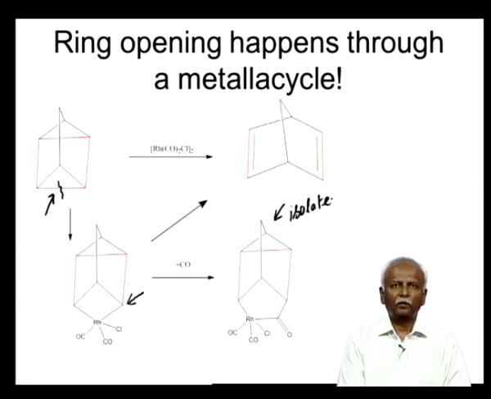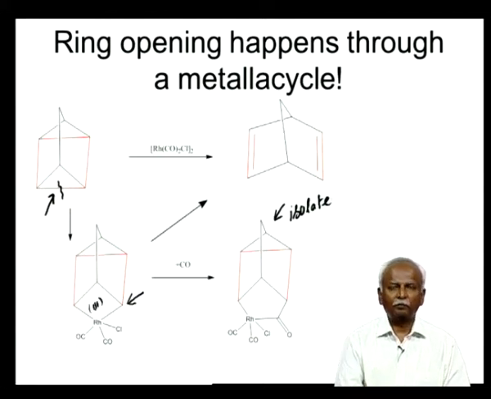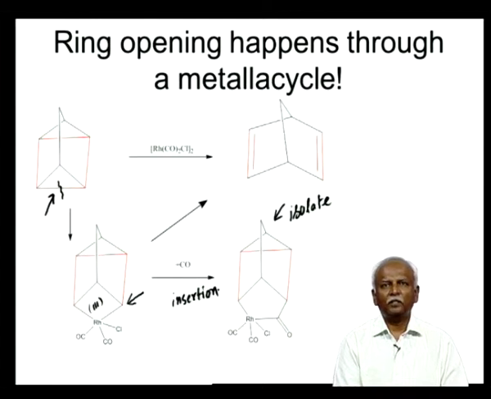So, first rhodium undergoes an insertion reaction and becomes a rhodium(III) intermediate. This rhodium(III) oxidative addition product now undergoes an insertion step. So, subsequent to the insertion, we isolate an organometallic compound which is stable, and that is indicative or suggestive of the fact that you indeed have the formation of an oxidative addition product to start with.